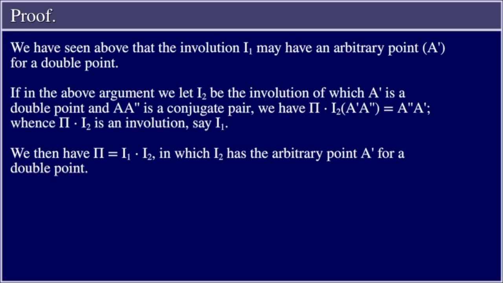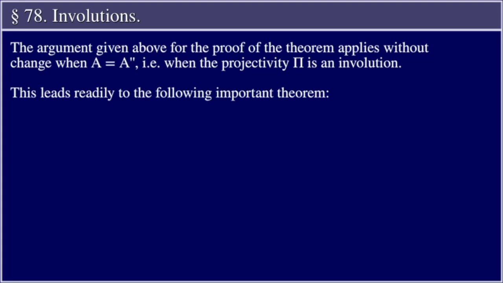We then have π equals ι₁·ι₂, in which ι₂ has the arbitrary point A' for a double point. The argument given above for the proof of the theorem applies without change when A is equal to A'', that is, when the projectivity π is an involution.